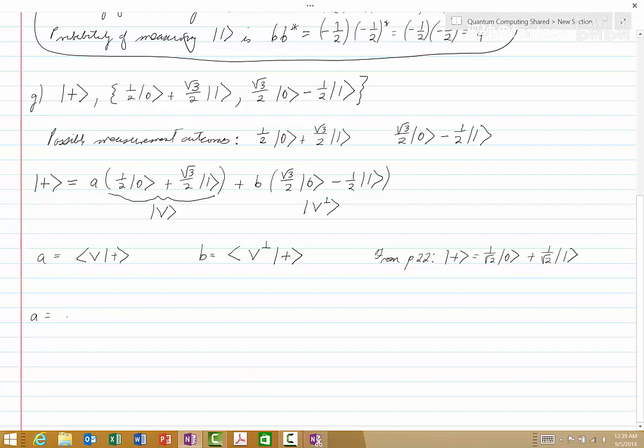We'll have 1 over square root of 2. And again, this equation that we've just written comes from substituting in for this plus ket, we have substituted in this to obtain this.